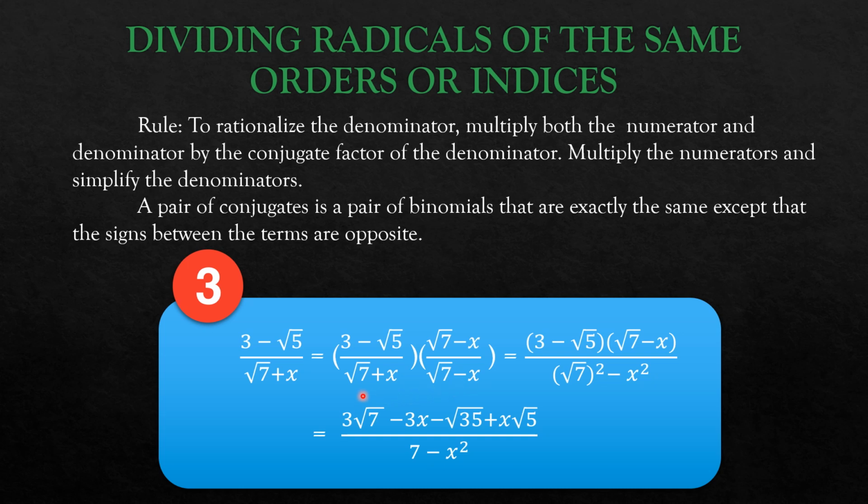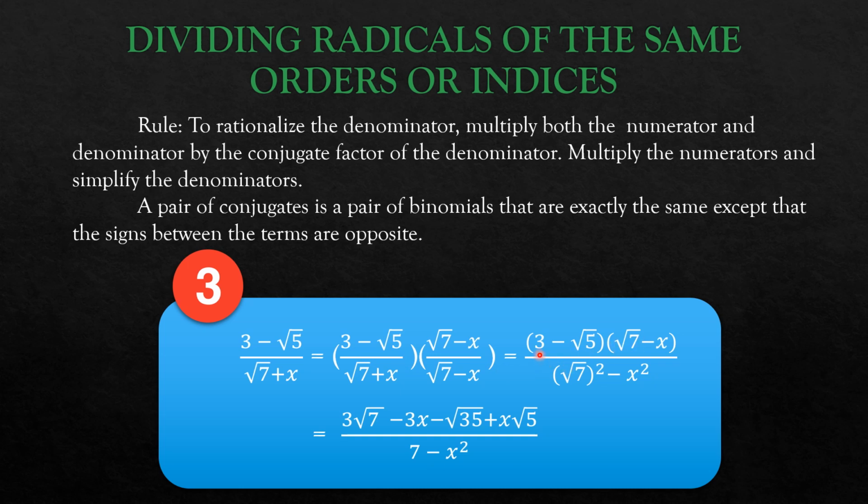The terms a and b are the same, but their signs are opposite. This is plus, this is minus. So, if the given here is minus, its conjugate will be positive. That's how it is. So, here, we multiply numerator with numerator, then denominator with denominator. So, here, we can use the FOIL method. Okay?